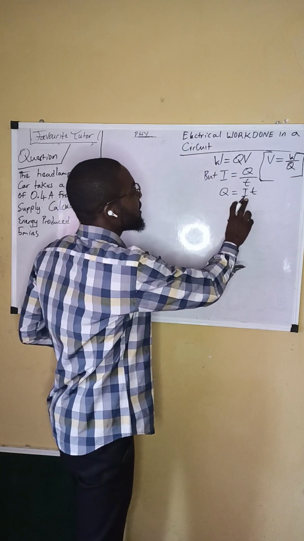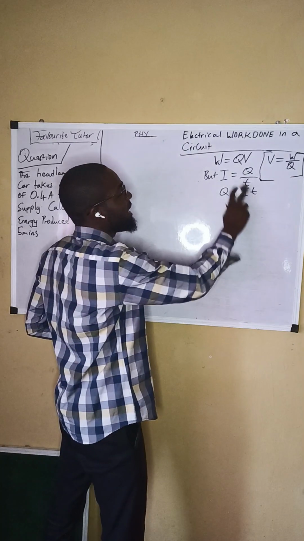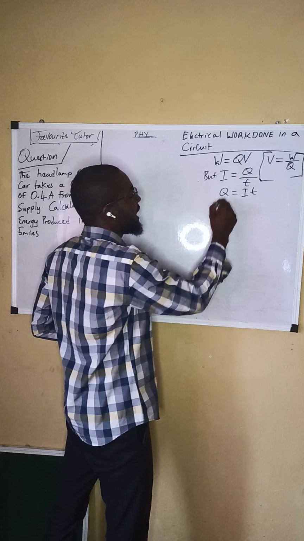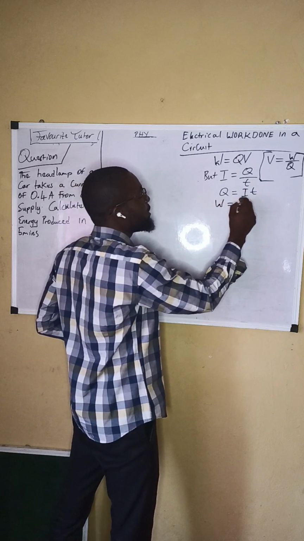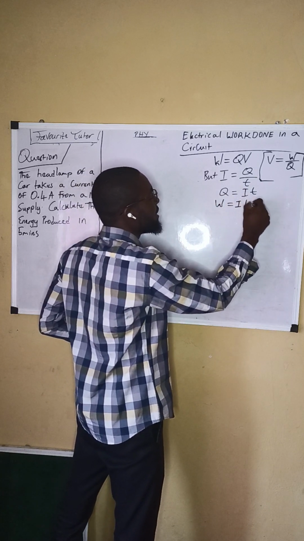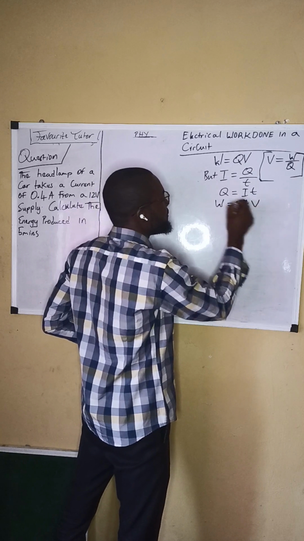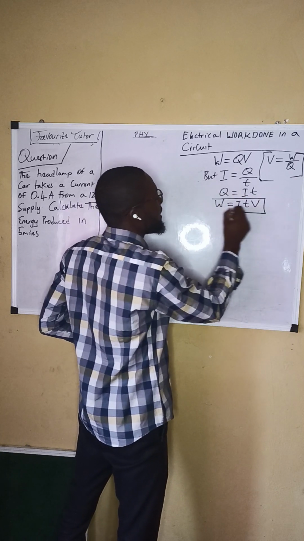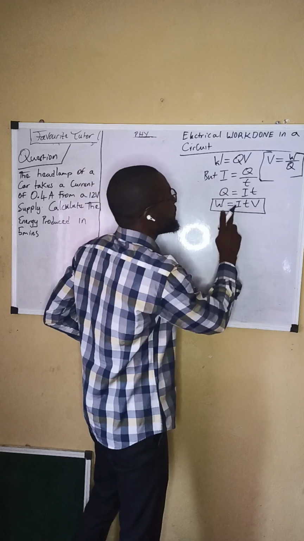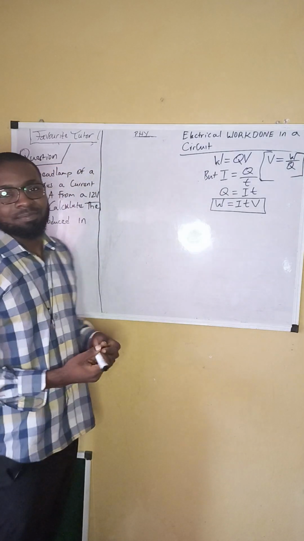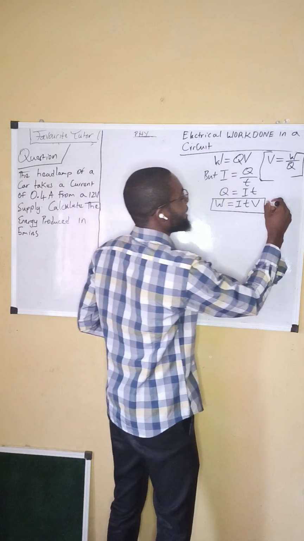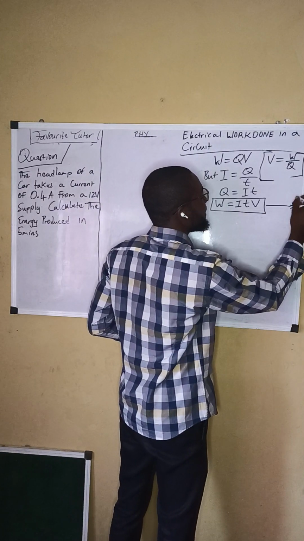We substitute the product of current and time in place of the charge. Therefore we have another equation for work done: W = ITV. This is another equation for work done.